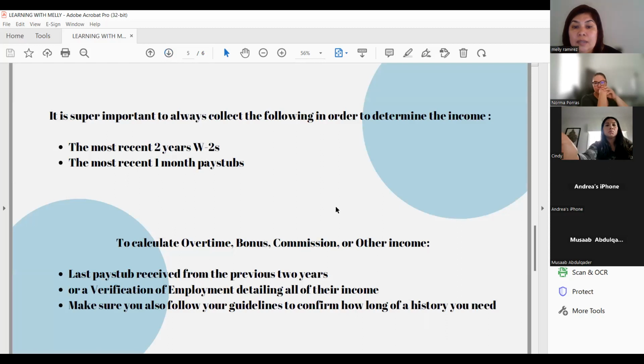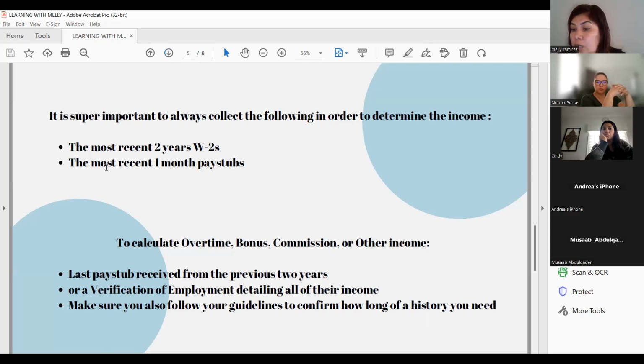I also added here that it's important to always collect the following in order to determine the income. We're going to collect 2 years of W-2s and 1 year of the most recent pay stubs. That's the income you're going to be using, base income.